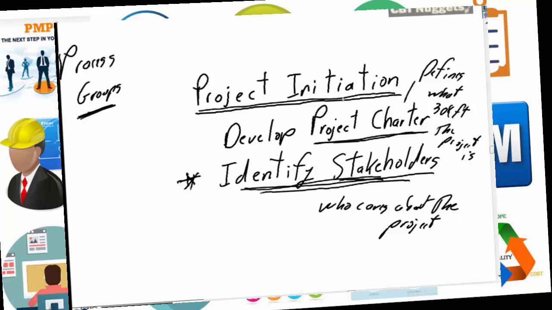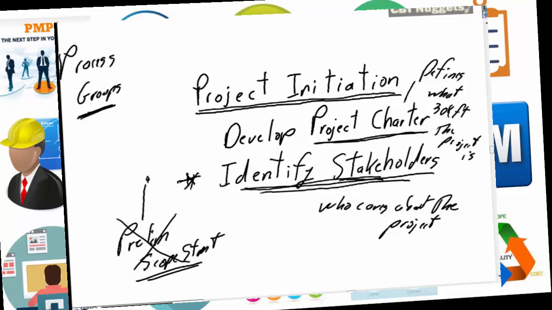Previously, the project initiation process group had 2 activities: developing of the project charter and the development of the preliminary scope statement. In this release of the PMBOK guide, the preliminary scope statement has been deleted as a discrete activity, and in fact, the work contained in the preliminary scope statement has simply been combined into the project charter.